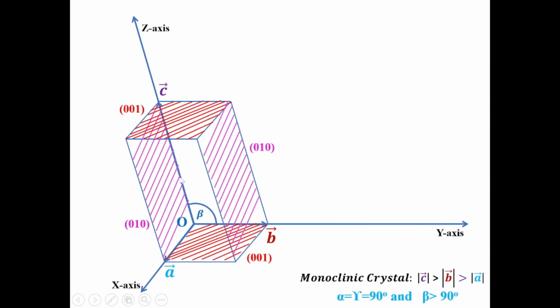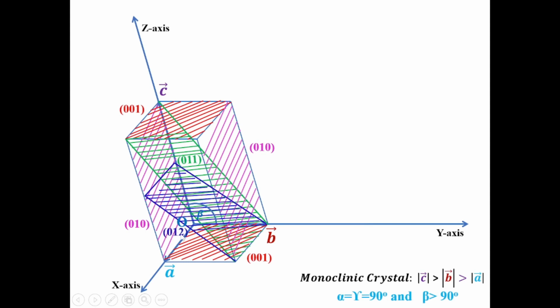Okay, these two planes are called the set of planes, and this plane cuts the Z axis here and the Y axis here. With the X axis it is parallel, so its Miller indices will be 0, 1, 1, right? 0, 1, 1 plane. Now if we consider this plane, it cuts the Z axis at half, at the middle of the Z intercept. So its Miller indices will be 0, 1, 2.